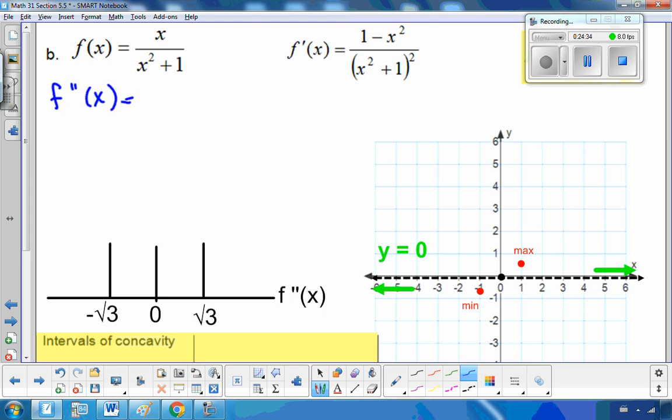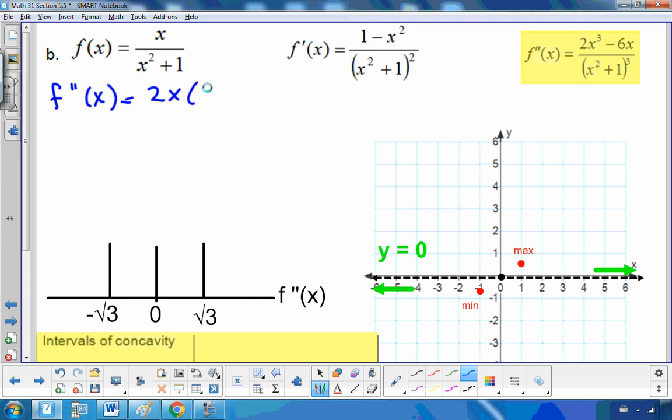Okay, so in factoring this, I'll take out a greatest common factor of 2x, and then I'm left with x squared minus 3. So when I have x squared minus 3, that's just a difference of squares, which is x minus root 3 times x plus root 3. All over, in the denominator, I just have x squared plus 1 all cubed.